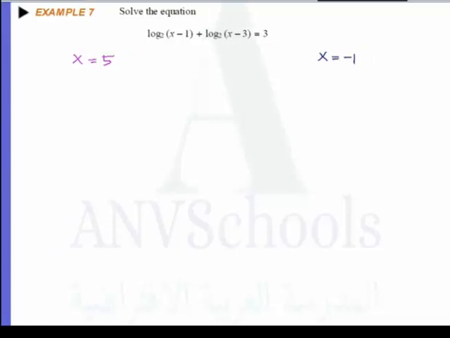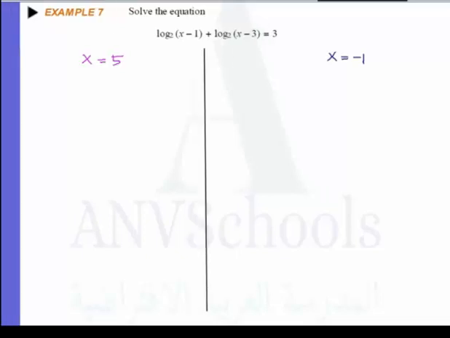Now let us perform an individual evaluation of the values x equals 5 and -1 to check whether these two values fit for the original equation that is present here. So let us take x is equal to 5, for example.